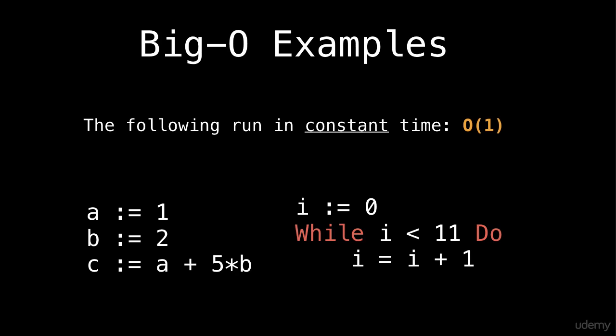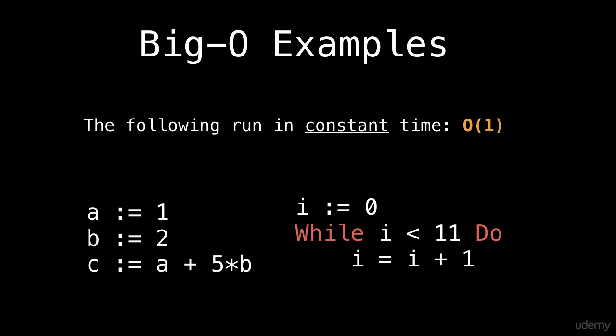Alright, now let's look at some concrete examples of how big O is used. Both of the following run in constant time with respect to the input size n, because they don't depend on n at all. On the left, when we're just adding or doing some mathematical formula, yes, that's constant time.